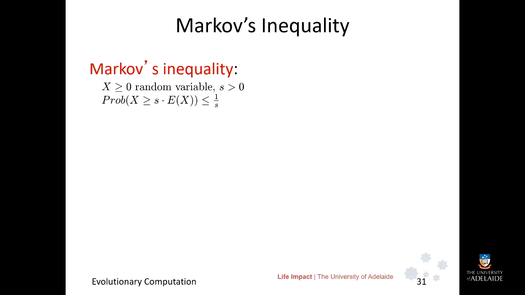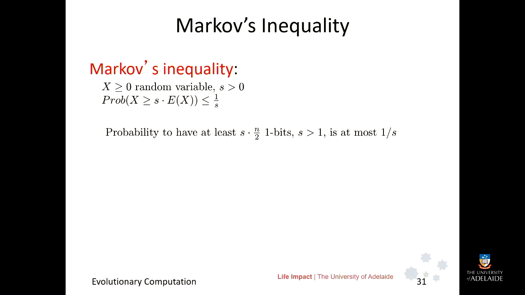So if I put this as, let's say, 3 on 2, then I get my 75%, right? So the probability that you have at least s times n half, that's the expected value here, is at most 1 on s.